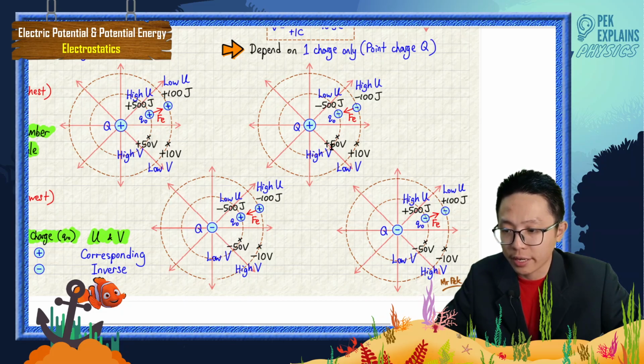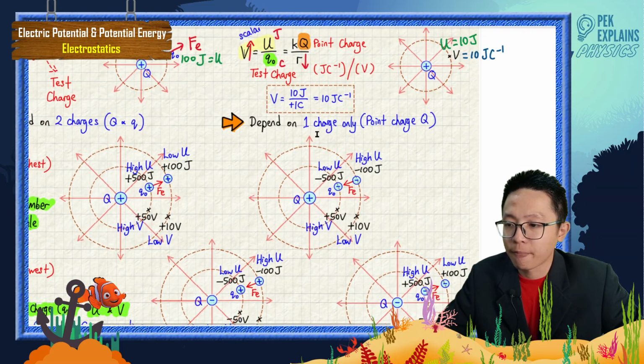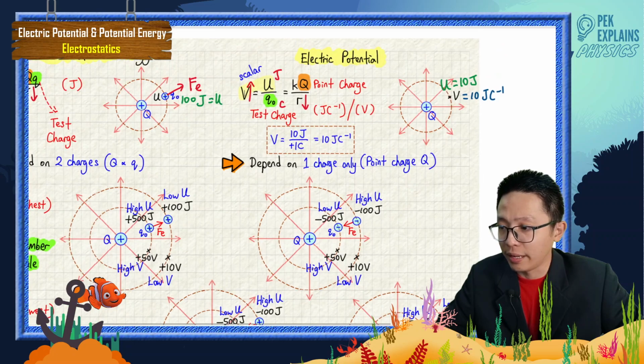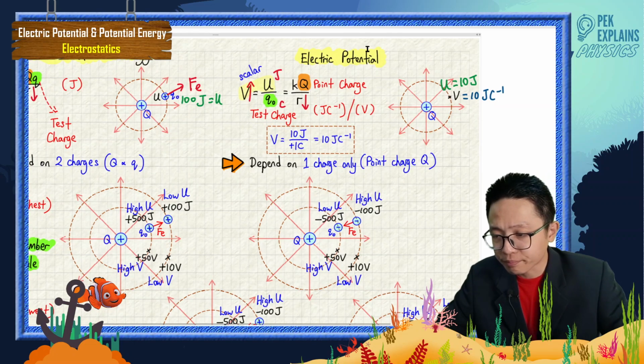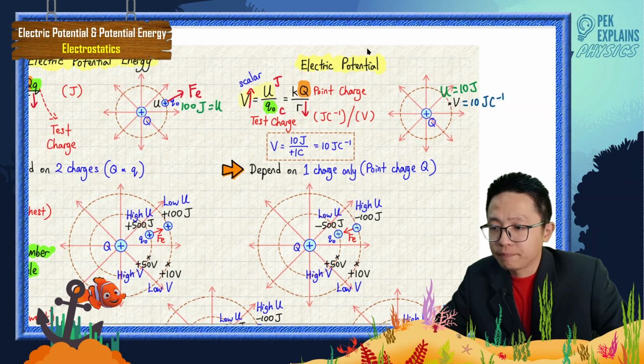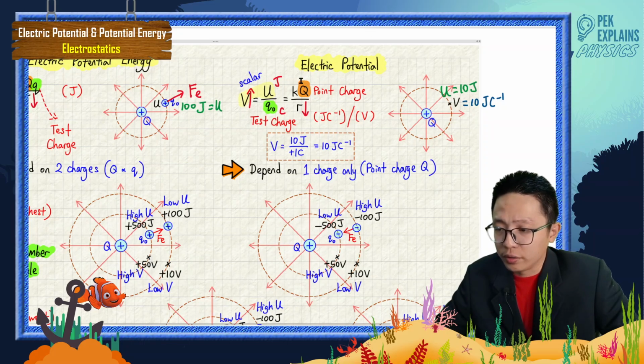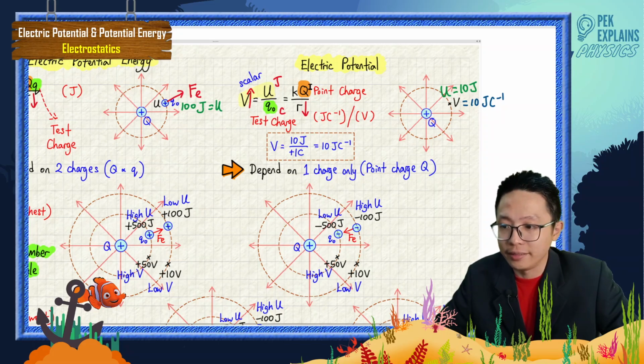Why does the potential have a positive value? Because, as I said before, for this potential you must substitute the sign, the positive and negative sign. And potential V only depends on the point charge.